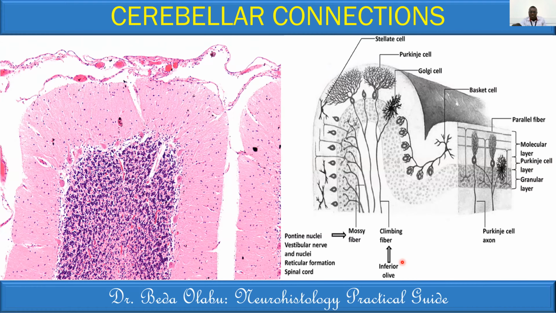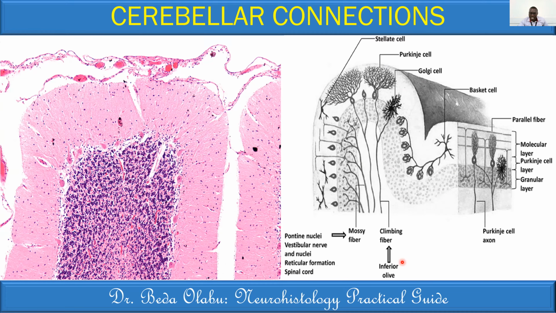The ones which come from the olivary nucleus usually project all the way, they go through the white matter, then the granular layer, then the Purkinje cell layer, and all the way to the molecular layer, to synapse with the dendrites of Purkinje neurons.